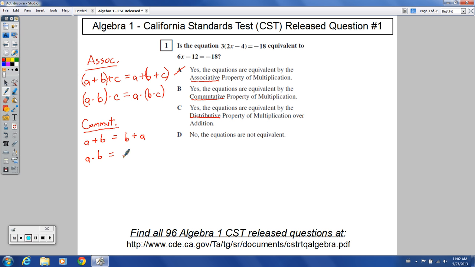So A times B is equal to B times A. Does that look like what we have going on here? Something times something, because this is for multiplication. Did we just switch the order in which things were multiplied?